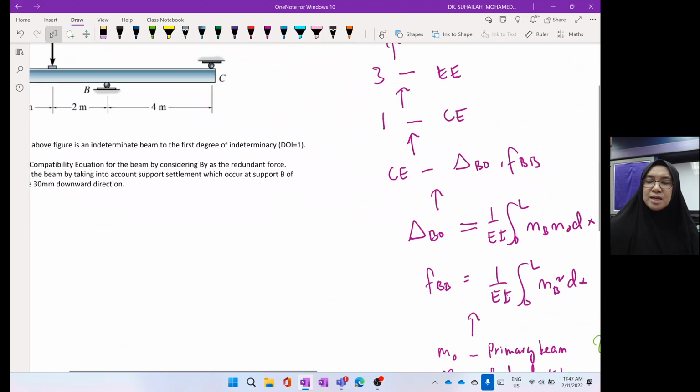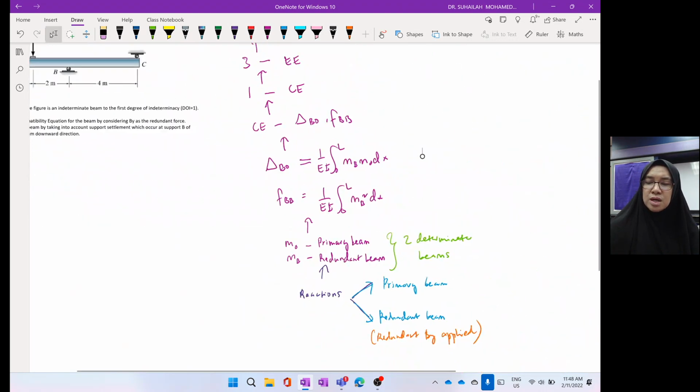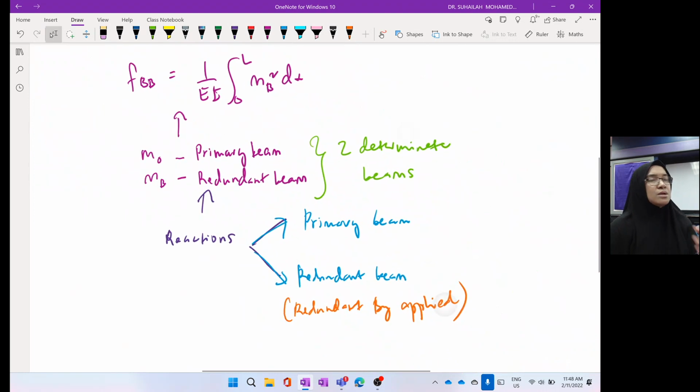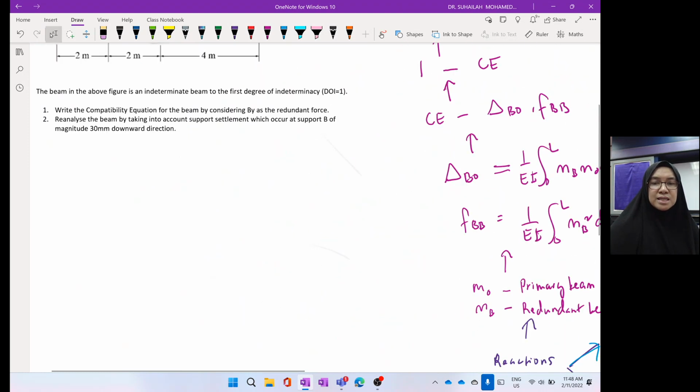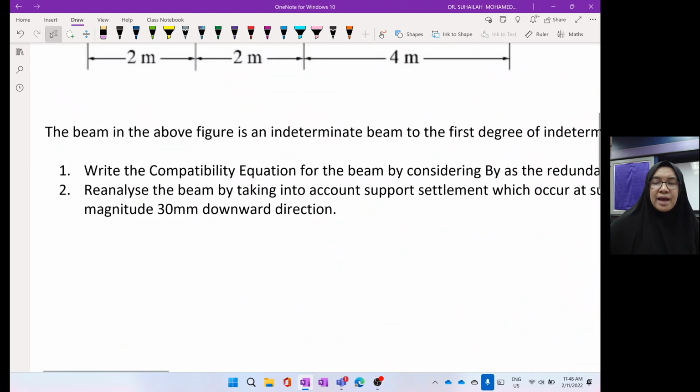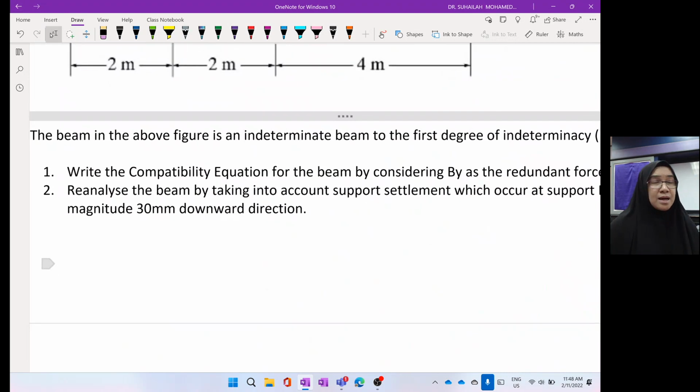Step number 1, we have to calculate reactions which come from two systems, primary beam and redundant beam. Here the degree of indeterminacy is already given as 1, so we are not asked to calculate it. The redundant is also given, so just use the given redundant.